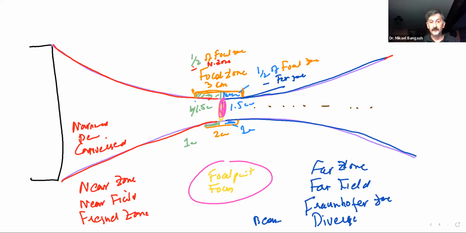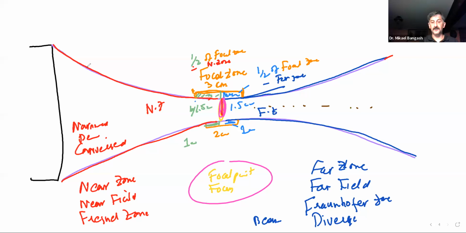It is going to separate the near zone from the far zone. The point where your near zone finishes is the point where your far zone begins. What comes as a separating mark between the two is the focal point or focus.